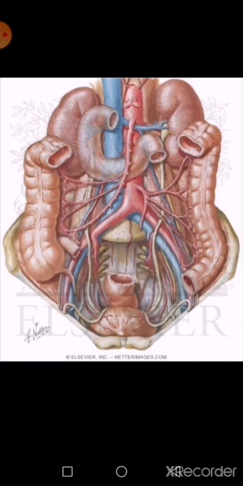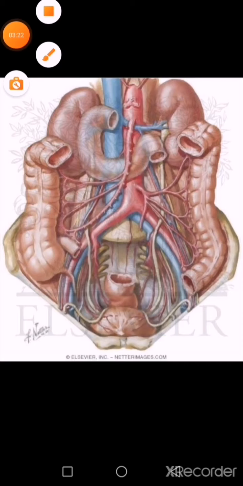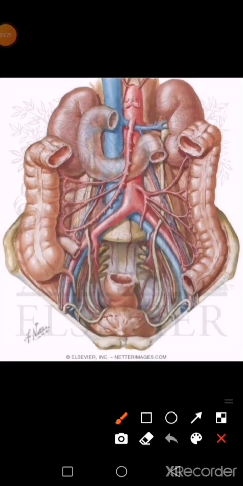Starting with the relations of the abdominal part for the right side as well as the left side, you need to have a bit of orientation about which is the right side and which is the left side. That's pretty important. This is the right side of the image and this is the left side of the image.